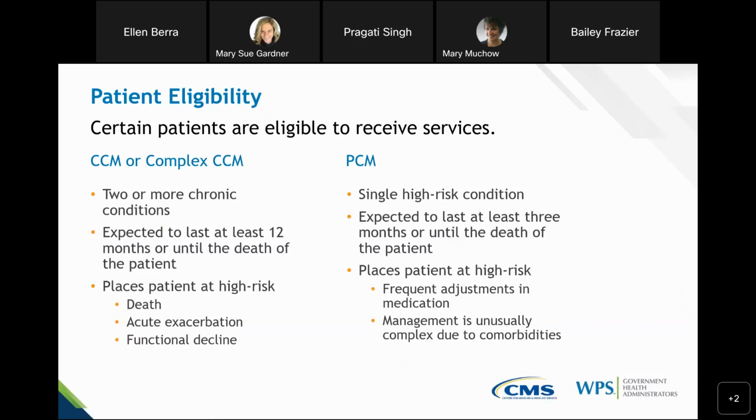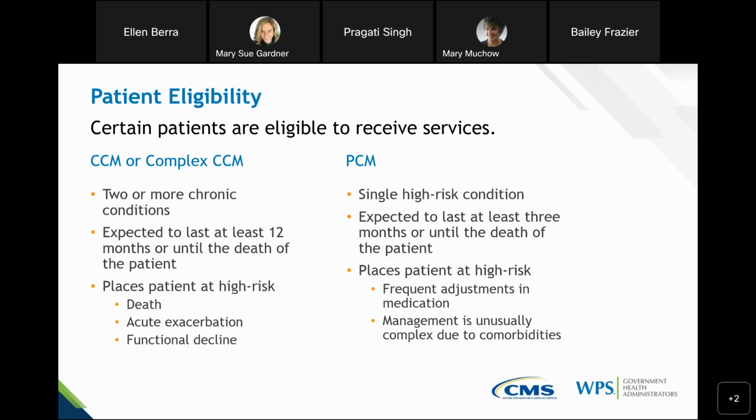You'll see there that it is a single high-risk condition that the patient has. And then your second bullet point defines that. It's a condition expected to last at least 3 months or until the death of the patient. This condition then places that patient at high risk of death, acute exacerbation, functional decline.